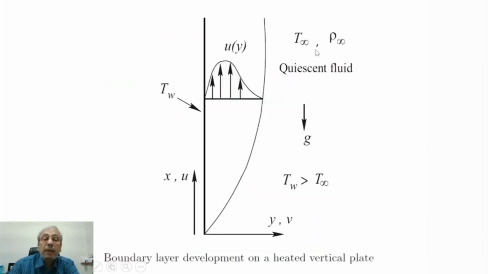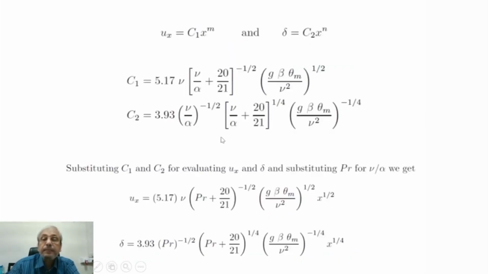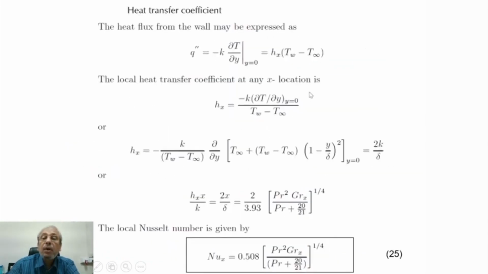So let us go back to the geometry again. At any x location we can define h_x, and h_x is indicative of heat transfer from the wall to the fluid. So h_x into (T_w minus T infinity).